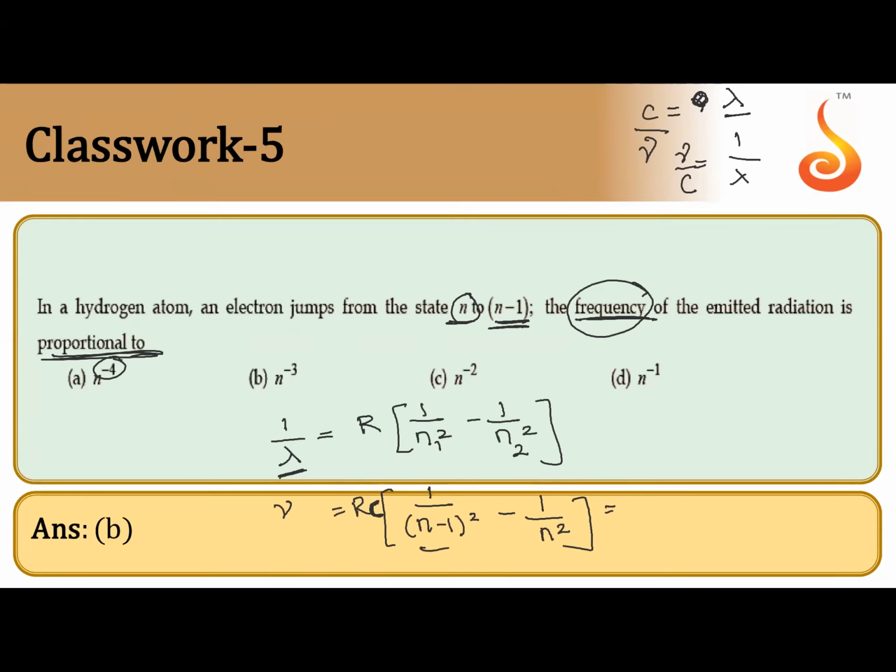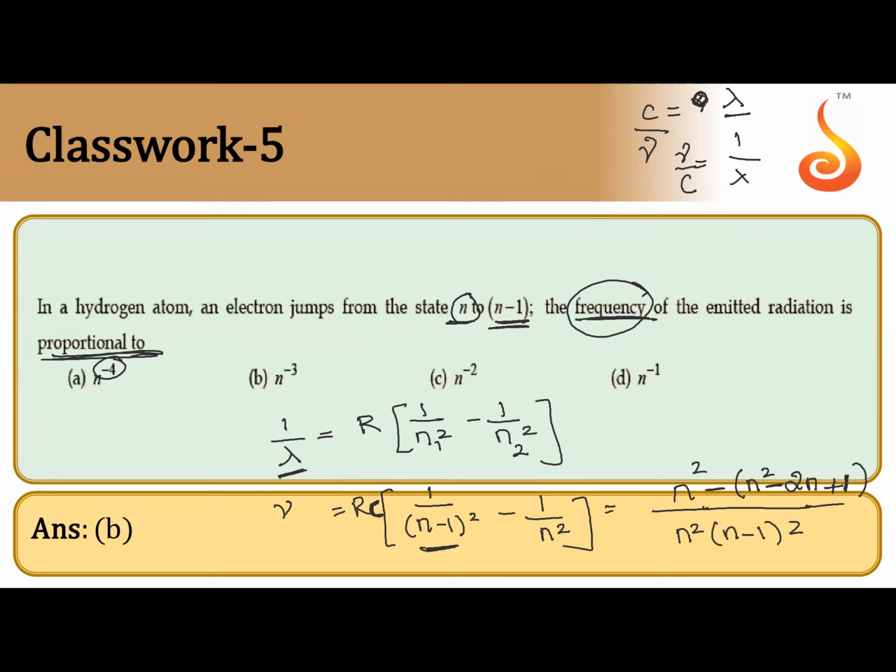So I'll get here, you apply a square minus b square, so it will be something like 1 by... or first let's take the common denominator. So n square cancels here.